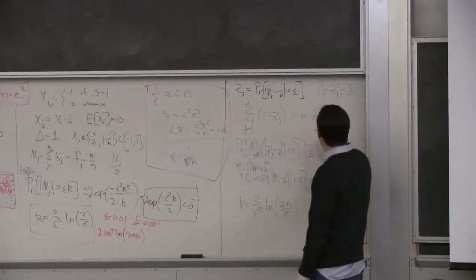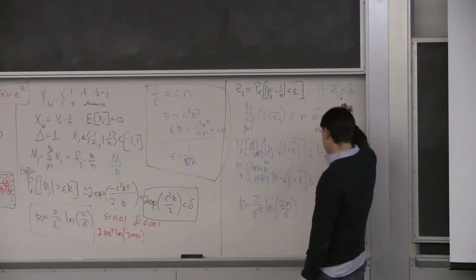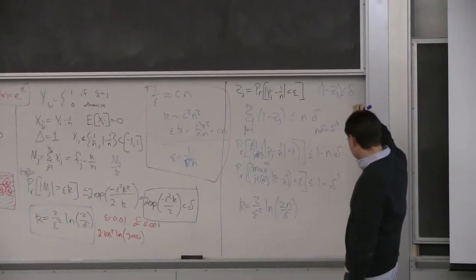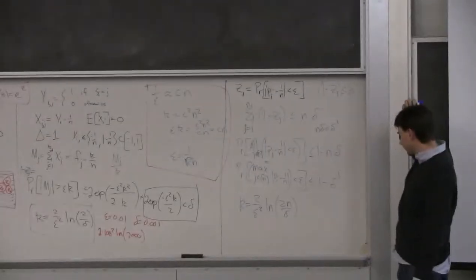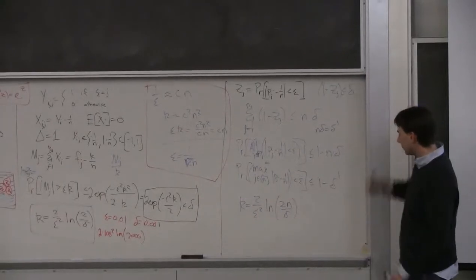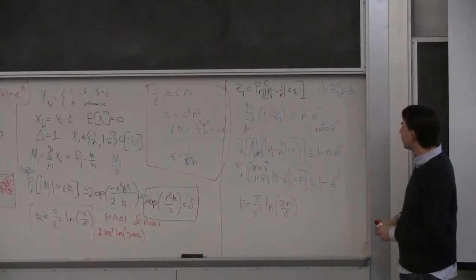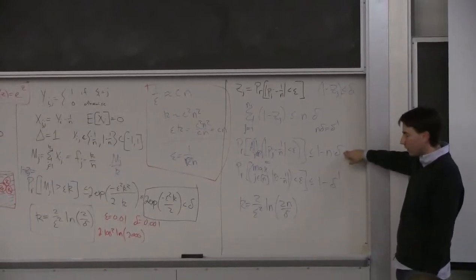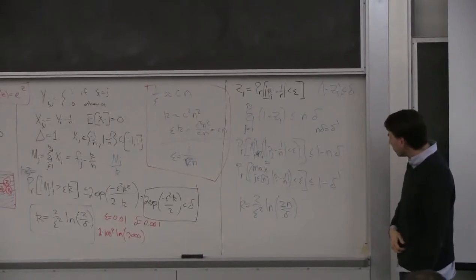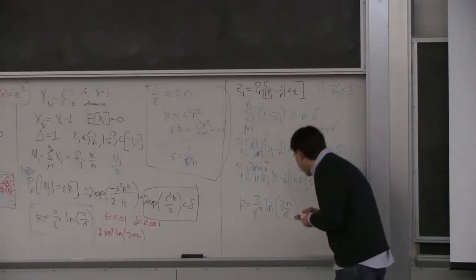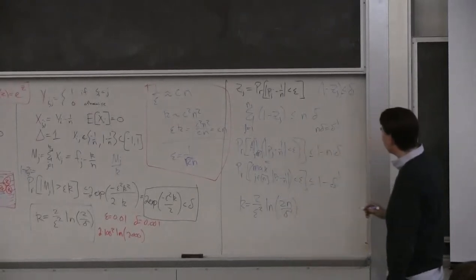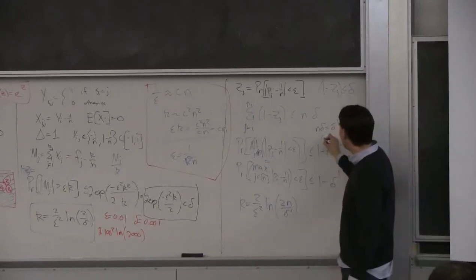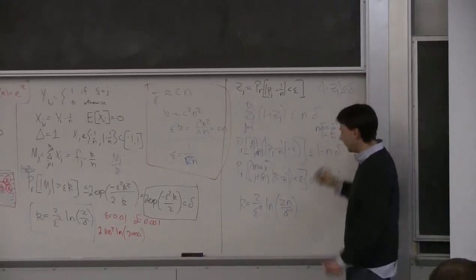And this means that, so if instead I want this n times, so then I put delta prime. Yeah, okay, good. So then I can solve for delta equals delta prime over n.